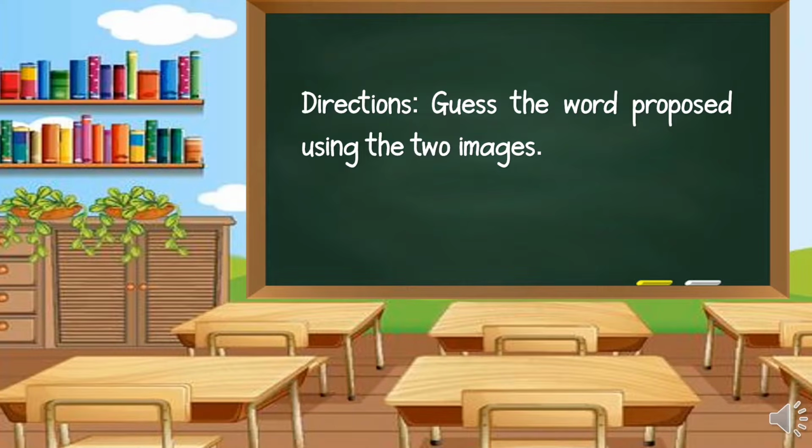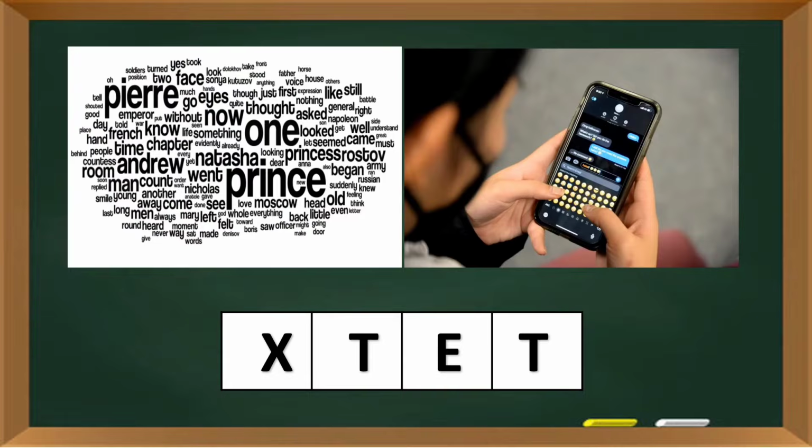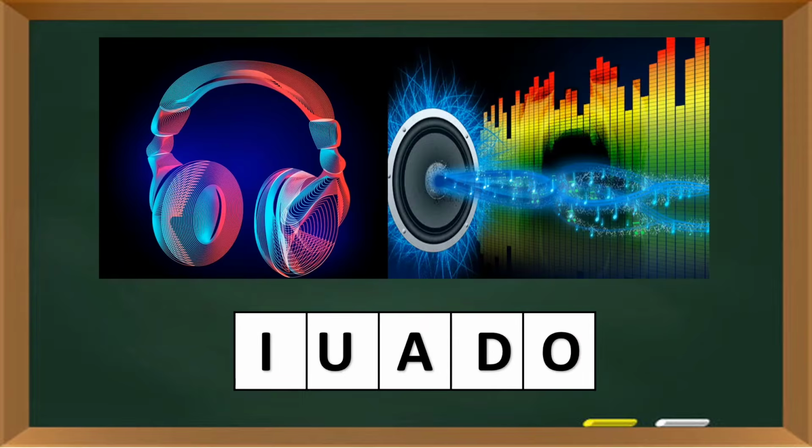Now, let's try to do this activity. Guess the word proposed using the two images. The first set of images we have. Correct. The word is text. Next set of images.